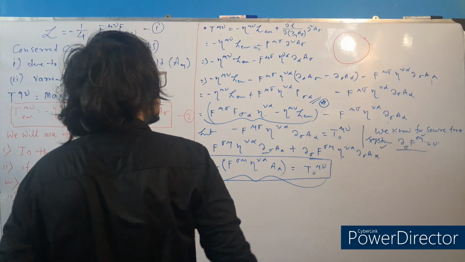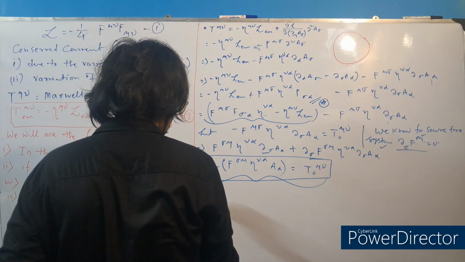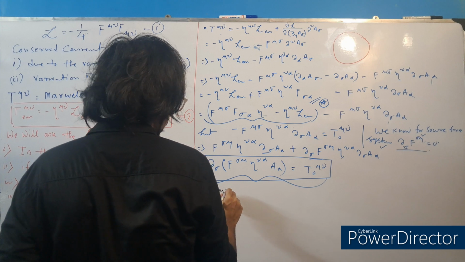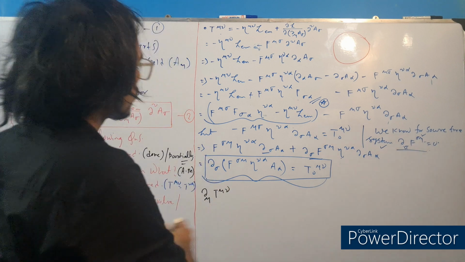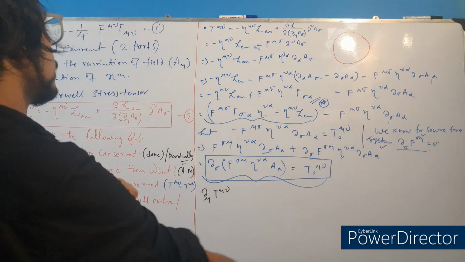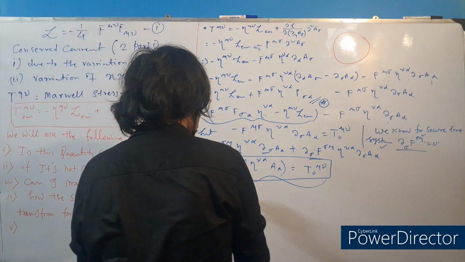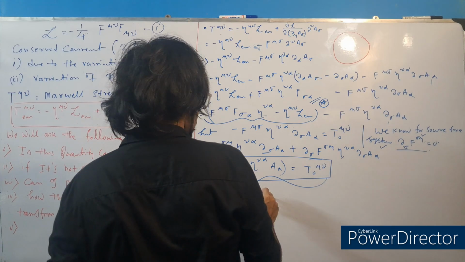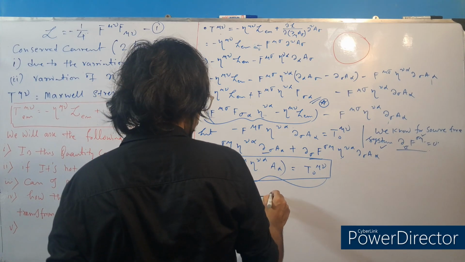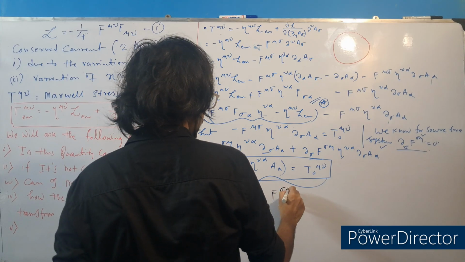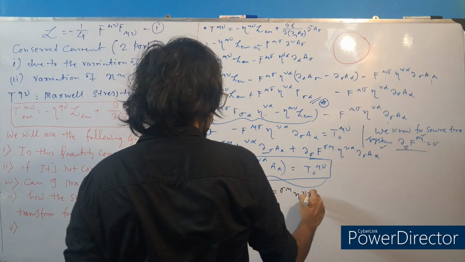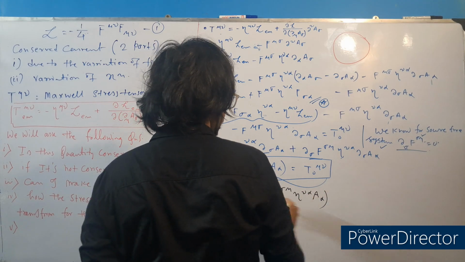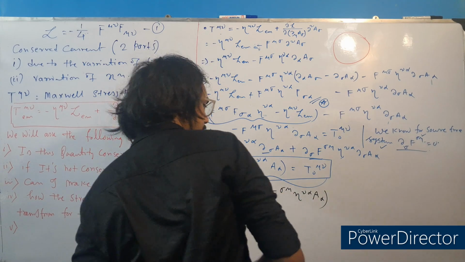So let us take the derivative. And we know this thing is 0 because T mu nu itself is a conserved quantity. So del mu del sigma f sigma mu eta mu alpha a alpha. Okay.